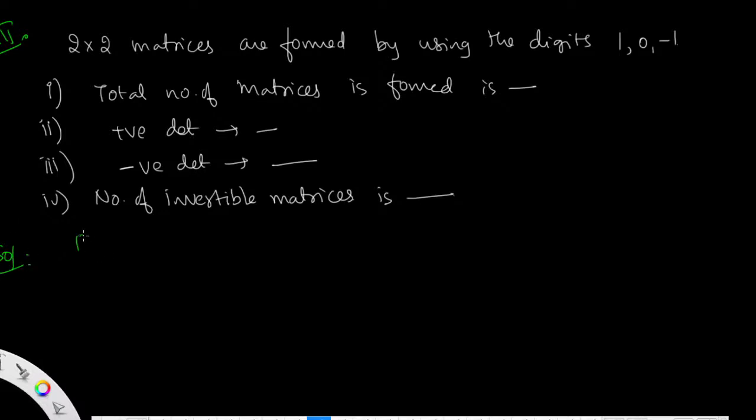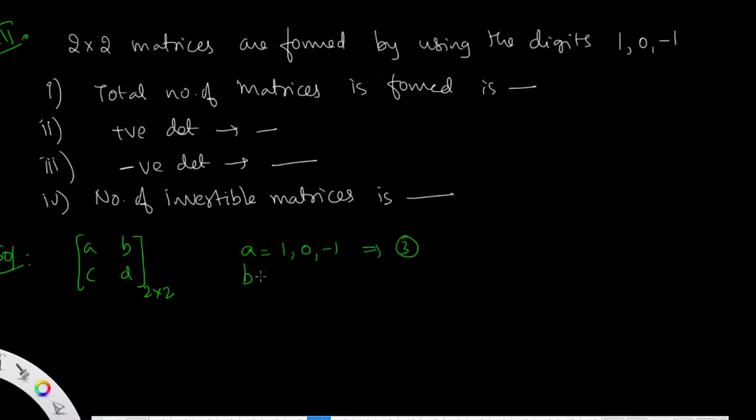Solution. For the matrix ABCD, that is to write as 2 by 2 matrix. 2 by 2 matrix means we can use the digits 1, 0, minus 1. Therefore, the first place can be filled in how many ways? For A, we can get how many ways? 1, 0, minus 1, that is 3 ways.